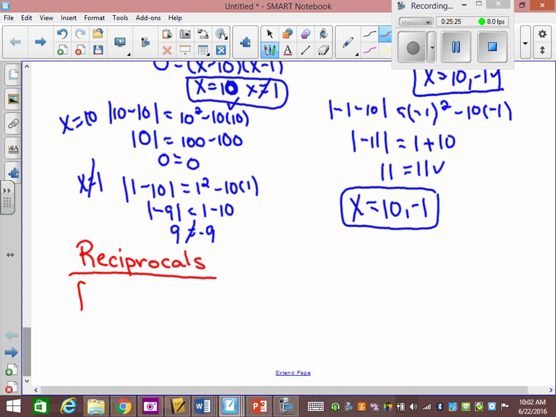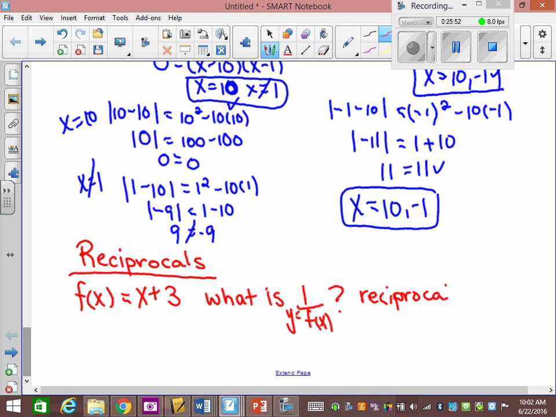So if I gave you f of x equals x plus 3, and I asked you for y equals 1 over f of x, or I ask you for the reciprocal.